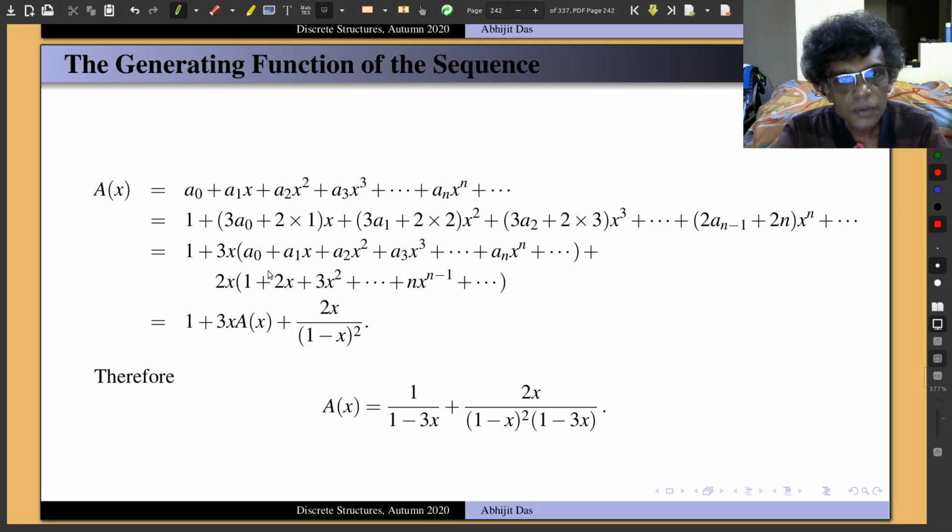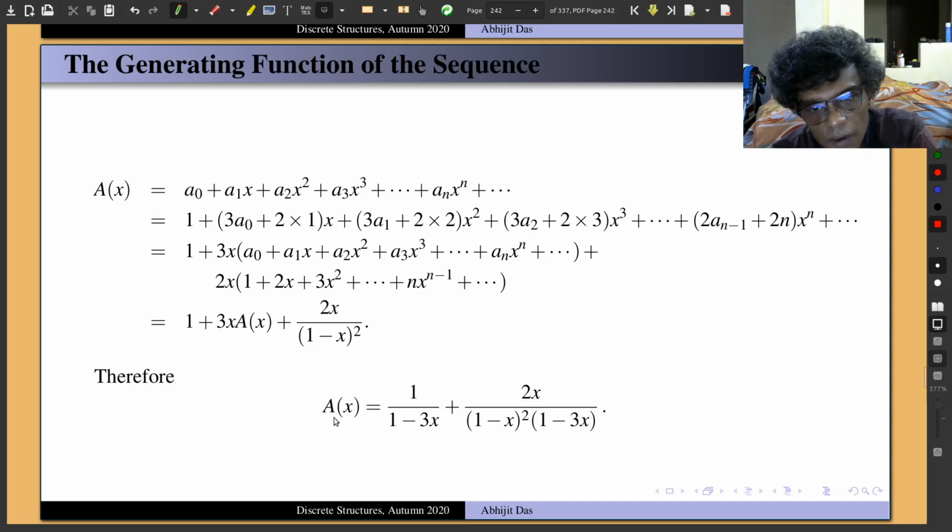So, using this trick, I have generated or obtained the generating function of ax of this series, this sequence a0, a1, a2, a3 and so on. And this is a nice closed form formula.